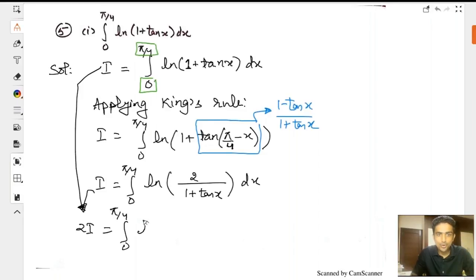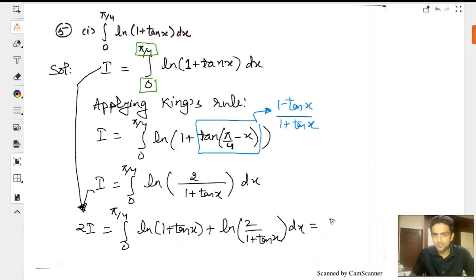It is ln of 1 plus tan x plus ln of 2 upon 1 plus tan x. Now I can expect at least this much, that you know this property, that ln m plus ln n is ln mn. So 1 plus tan x will cancel out and you will be left with ln 2.